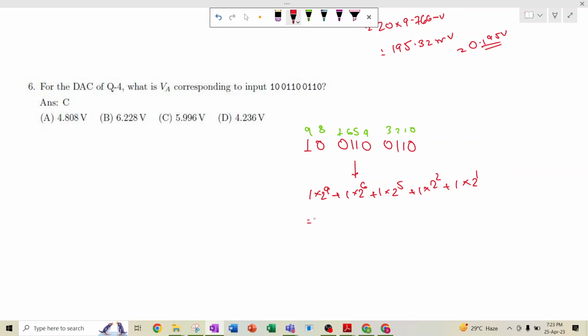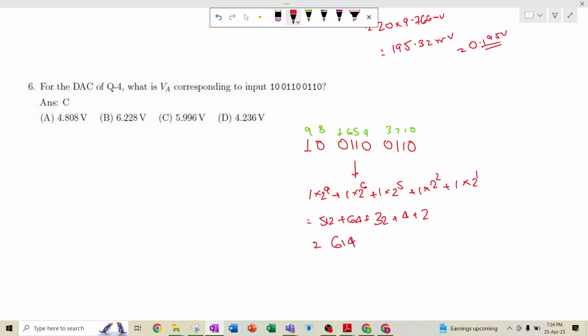So 2 to the power 9 is 512, 2 to the power 6 is 64, plus 32 plus 4 plus 2, that is 614.